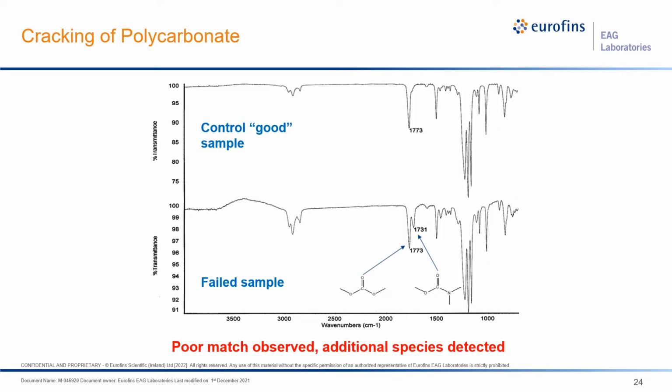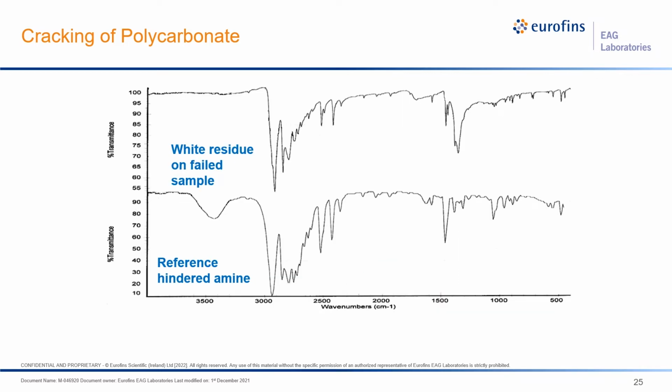So when we tried to understand why this peak is being formed and what's going on, we actually took a closer look at the part. And we noticed that there was a white residue present on the surface of the part. So we took this residue and we compared it to our libraries, and we found that it seemed like a decent match with a hindered amine, which looks like this.